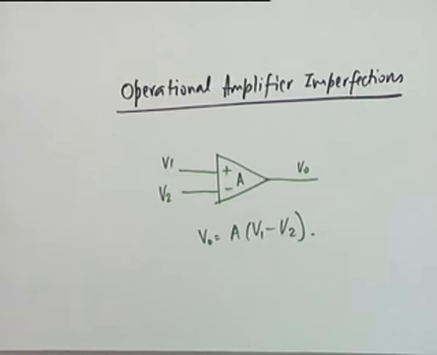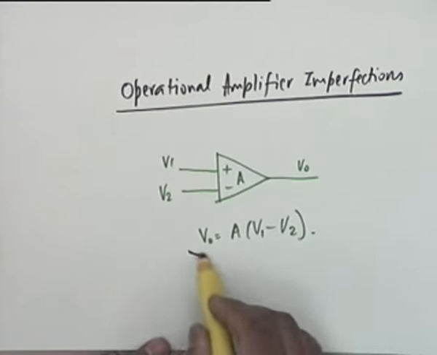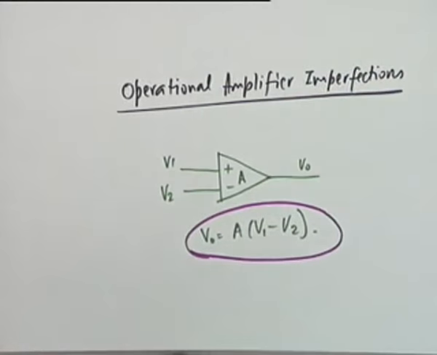Now, there can be nothing more untrue than this relationship. Although it's very simple to write and simple to manipulate, it has many imperfections. And these are the imperfections that one has to be careful about if one uses an op-amp.